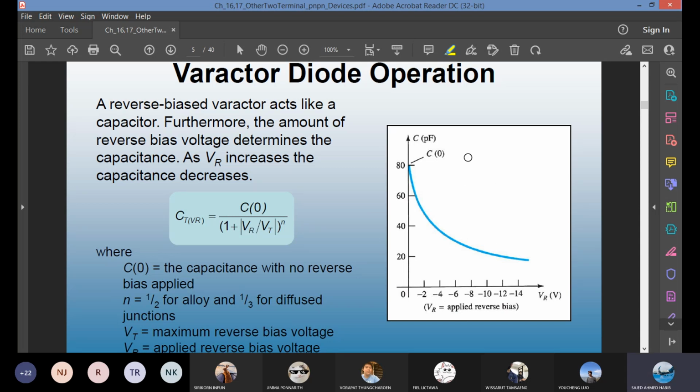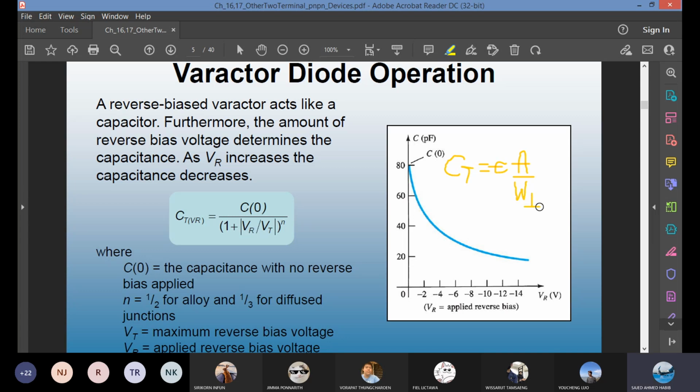Because there's a formula, you don't have to remember this, but I will tell you what the formula is. C_T, at a temperature in Kelvin, equals epsilon A divided by W_D. This is the formula for capacitance.